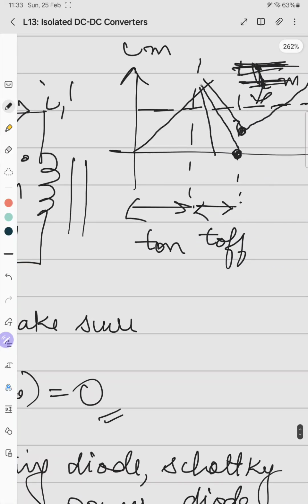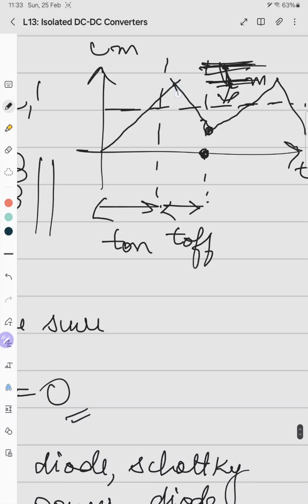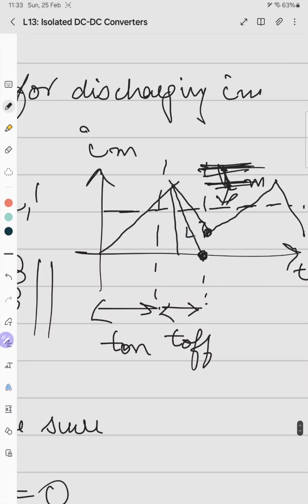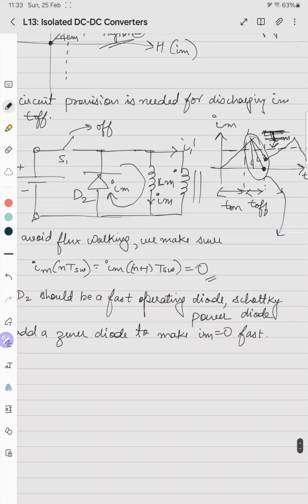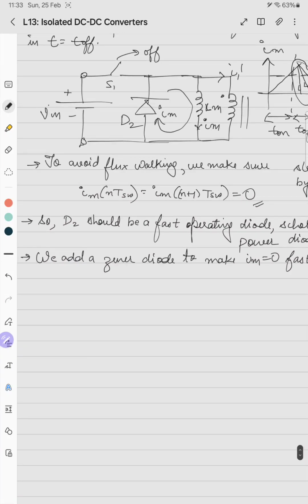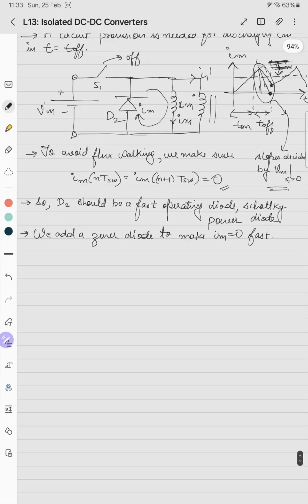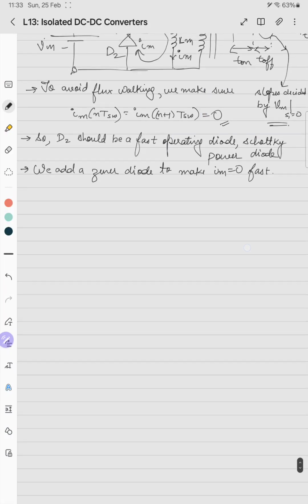So these slopes, what decides the slopes? Vm when S1 is off. If you have a negative voltage across LM, the rate of fall of IM will be more. So we'll add a Zener diode.